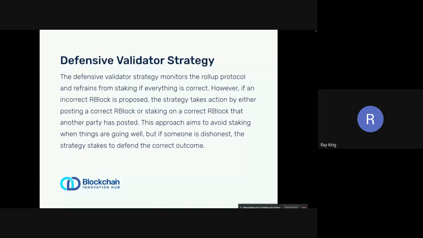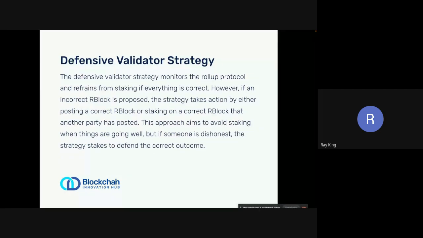In this context, it means you are going to refrain, you're not going to stake while everything is correct. You don't need to start fighting when nobody's fighting you. It's when somebody comes at you that you begin to defend yourself. So once everything is correct, you don't stake. There's no need to stake.